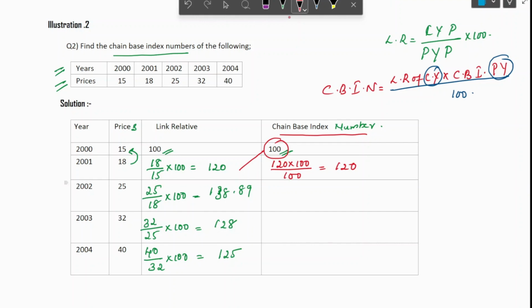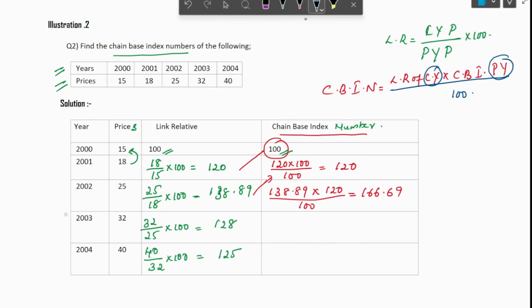Okay. Next, this way you are going to calculate for the current year, that is 138.89 into previous year chain base index 120, whole divided by 100. The answer is 166.69. Multiply the numerator and divide by 100.